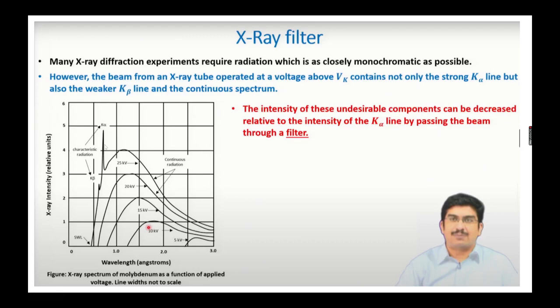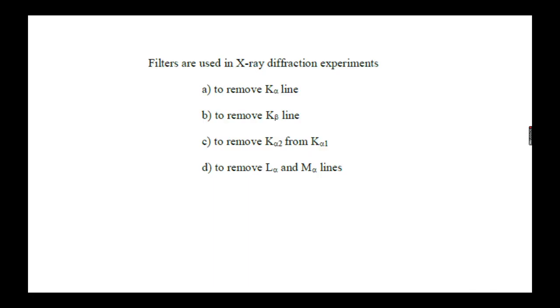When the K alpha is produced, K beta is also associated with it, although its intensity is weaker compared to the K alpha, but we want to remove that. So the main function of this filter is to remove the K beta. So the answer is B: to remove the K beta lines.